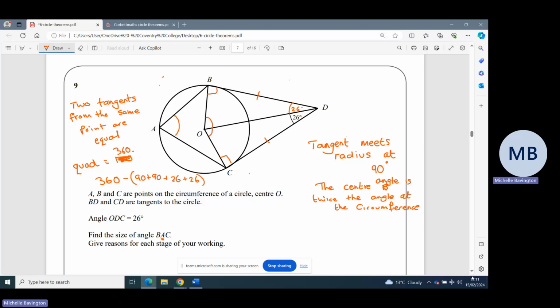Good. Plus 26. We would do this neater in class, but it doesn't matter where it is, as long as you know what you're doing. So 360 minus 180 plus 52, 232.